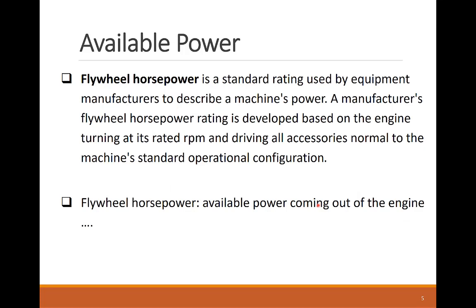The available power initially delivered by the engine is measured in flywheel horsepower, which is the standard measurement unit for machine power. As you can see, available power is dependent on the equipment and its mechanical system efficiency. But we need to know how much of it can be usable by the equipment to overcome the total resistance, meaning grade and rolling resistance.